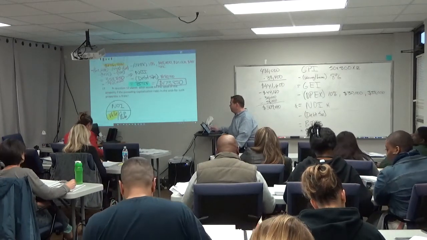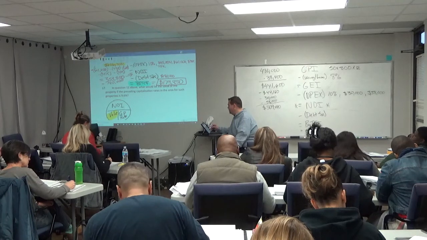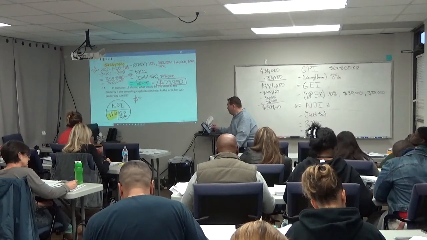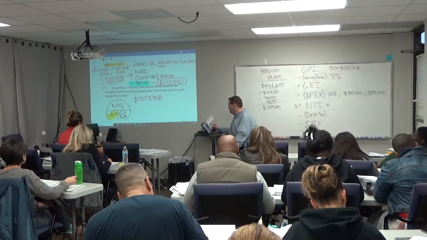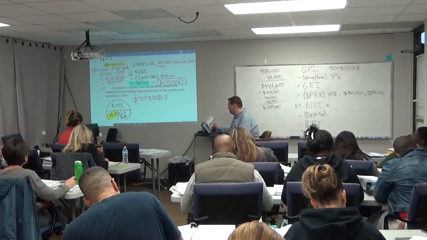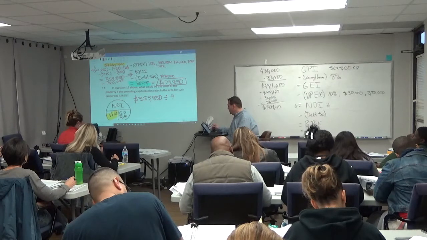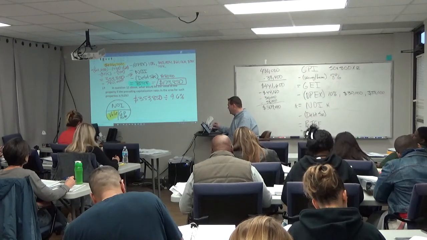Go back up to our formula. We already got the NOI. How much is that? $353,850. And we're going to divide that by a cap rate, which they gave us, of 9.6%.